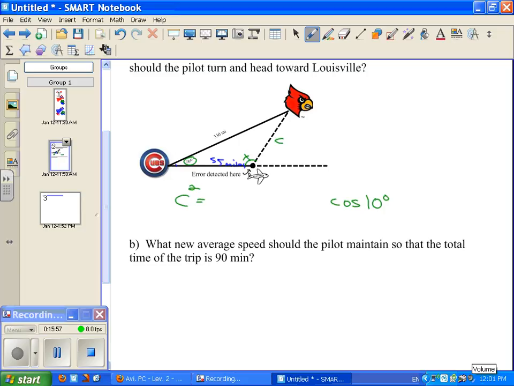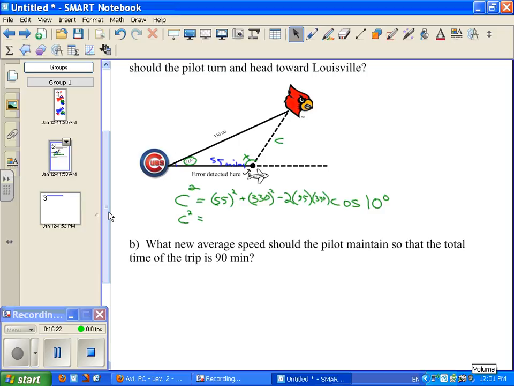It doesn't matter, it's arbitrary. So 55 squared plus B squared, that's 330 squared, minus 2 times 55 times 330 times that cosine. Now I can figure out what my C squared is going to be.